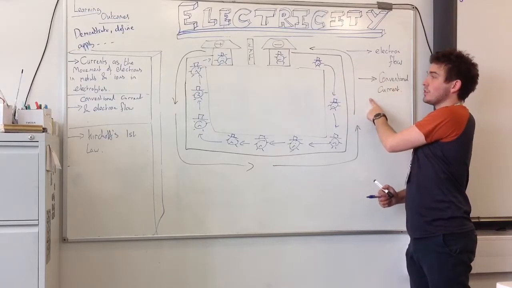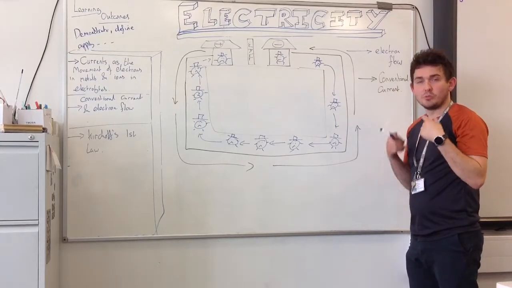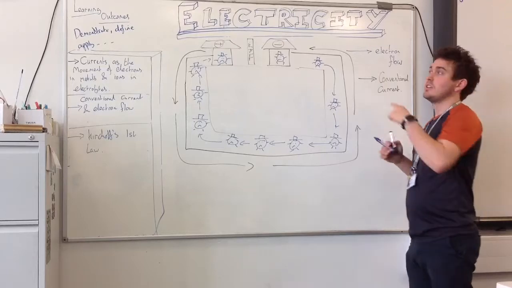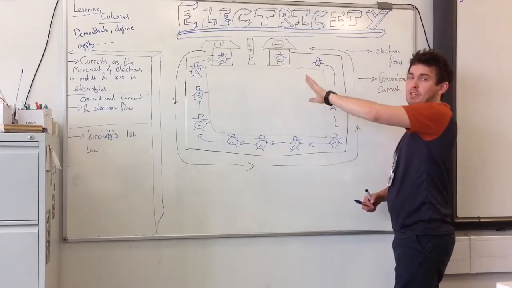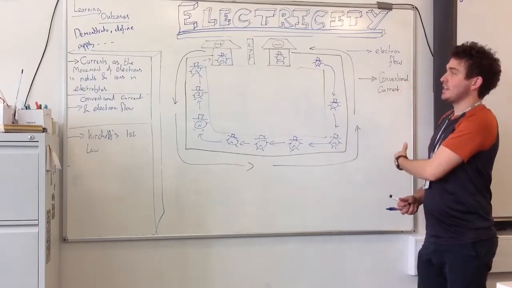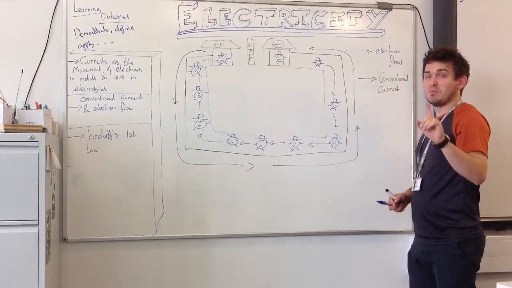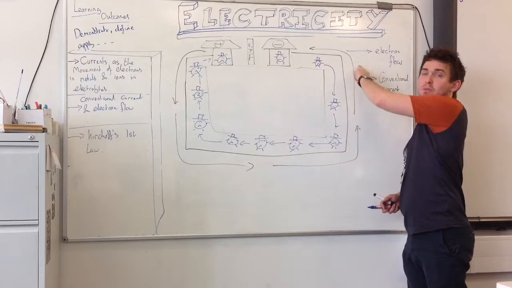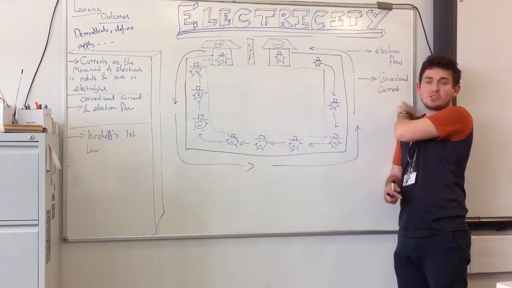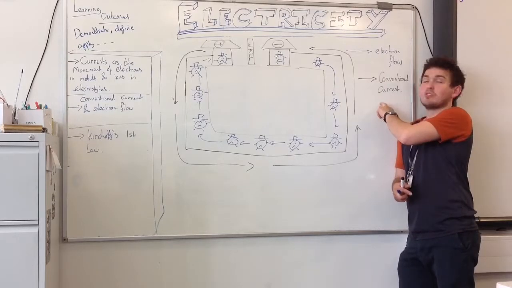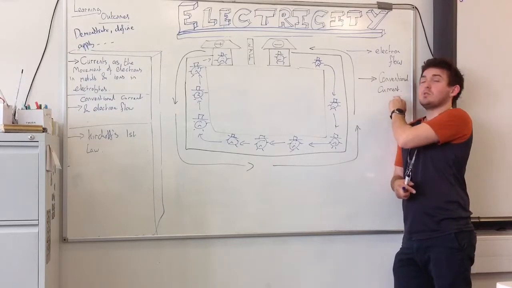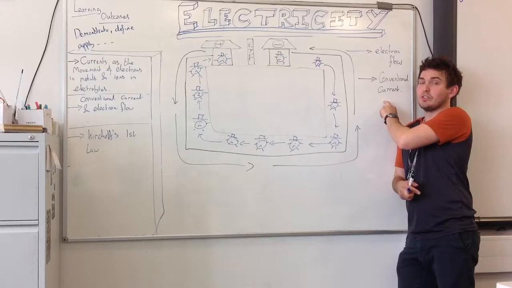And conventional current is what we thought it was prior to the discovery of electrons, and that it moved from positive to negative. That's pretty easy, isn't it? On that note, you just need to remember that we use conventional current in our equations in AS and in A2. Whenever we're using equations, we use conventional current as our direction.